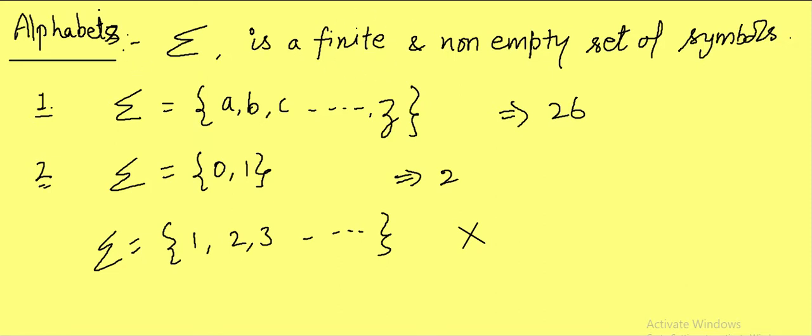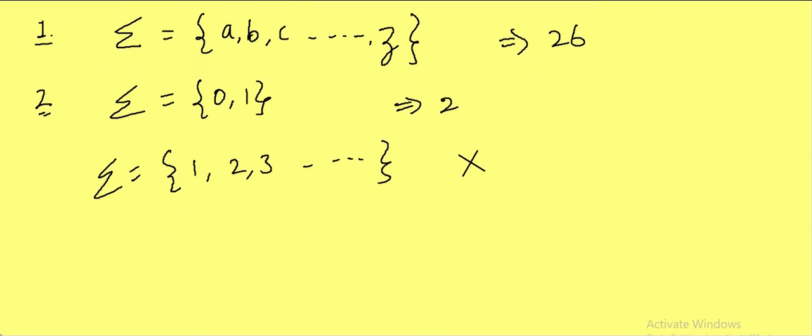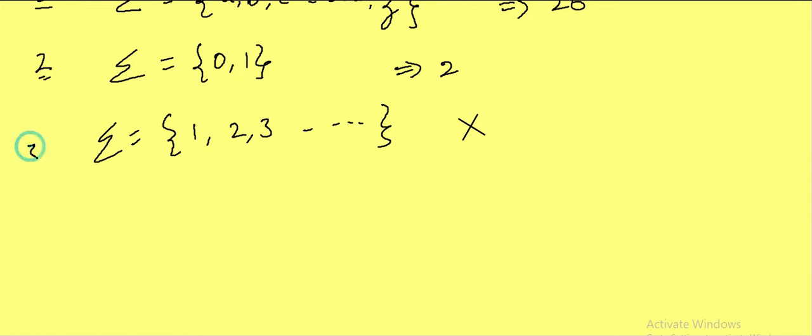A DFA, or deterministic finite automata machine, is a set of five tuples, and alphabets is one of the members of those tuples. So you must know about these basic things before you learn about finite state machines.